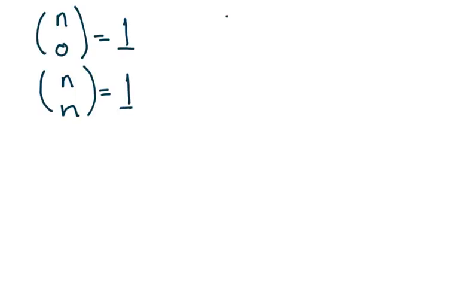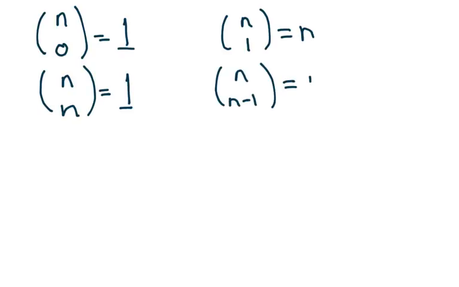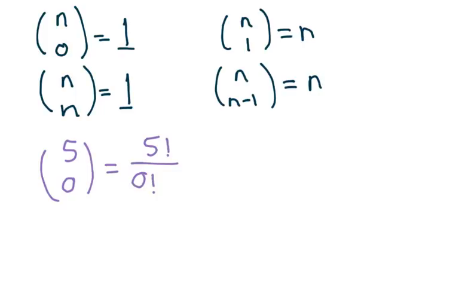We also have n choose 1 equals n and n choose n minus 1 equals n. So let me show you some numbers here. So let's take 5 here. So if you have 5 choose 0, that means that's 5 factorial over 0 factorial times 5 factorial. 0 factorial is just 1, and that equals 1.